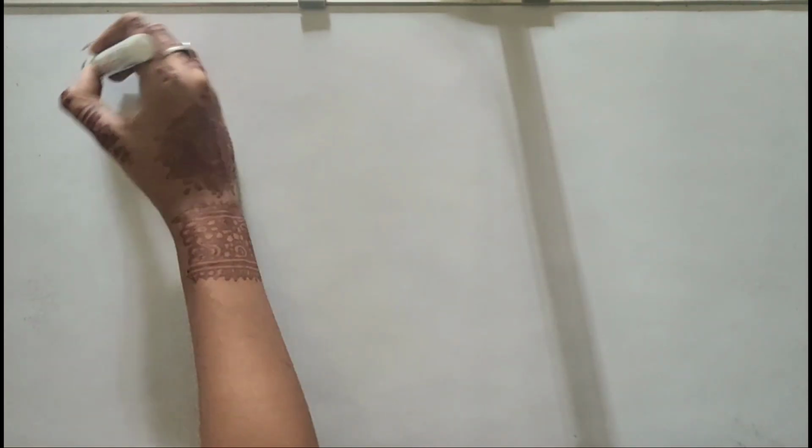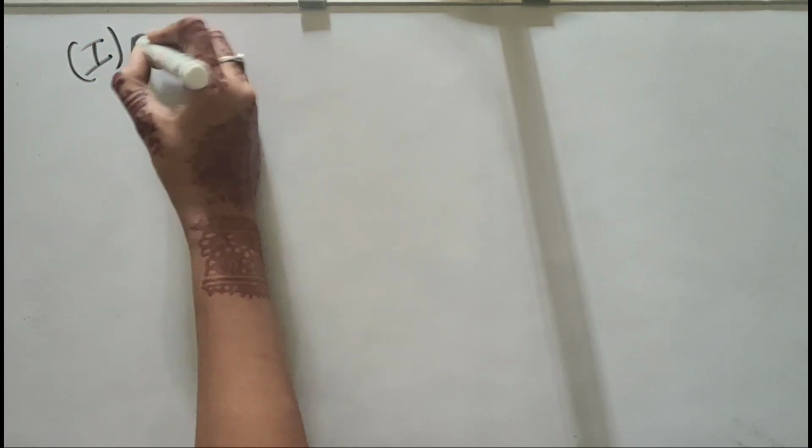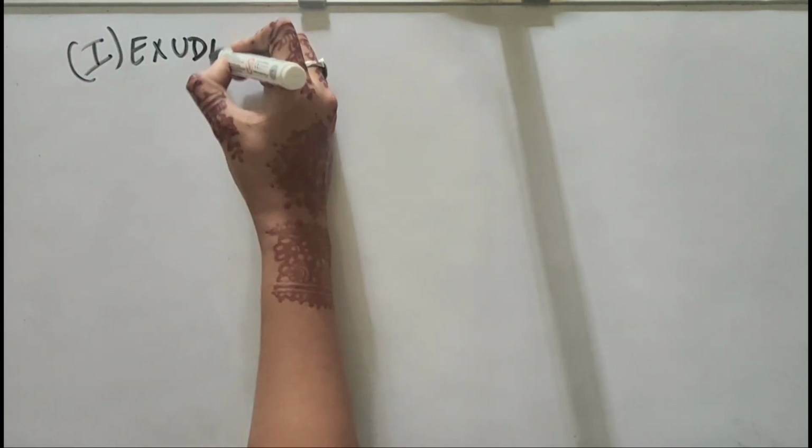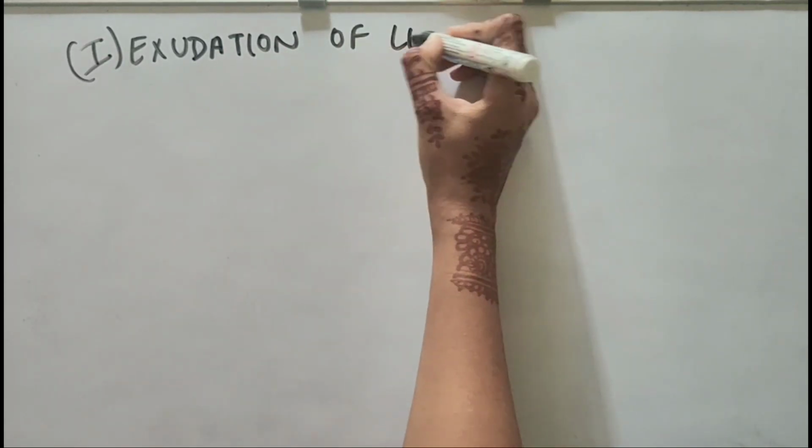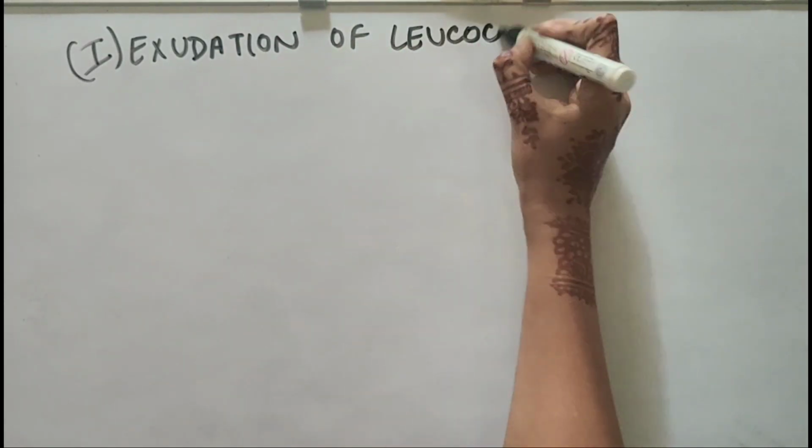The very first step in cellular event is exudation of leukocytes.